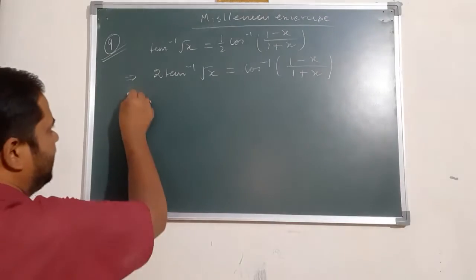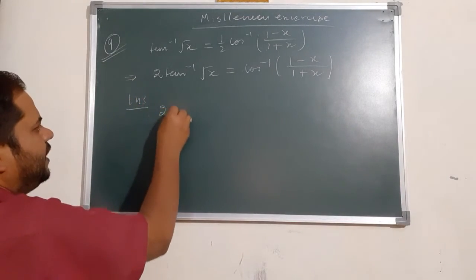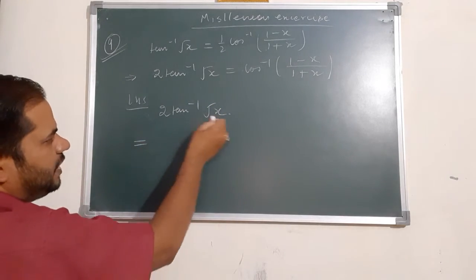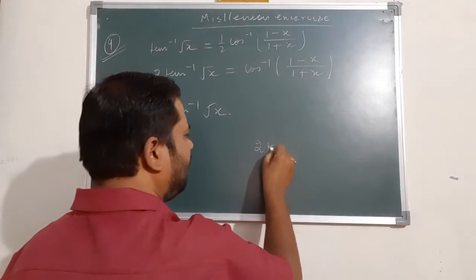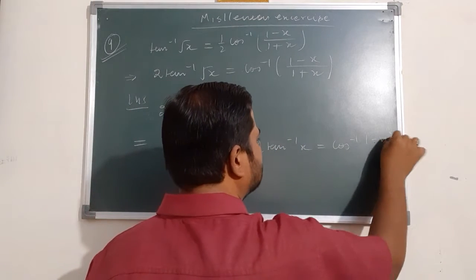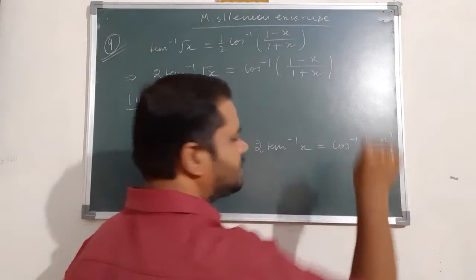And now we take the LHS, 2 tan inverse root x, and you know the formula for 2 tan inverse x is cos inverse of (1 minus x square upon 1 plus x square).